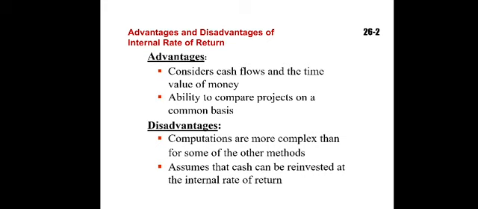Now, you have to know how to use these 2 methods. If I ask you to calculate the cash payback period for the purchase of one fixed asset, you have to know how to calculate it. And also, if I ask you to calculate the average rate of return for this purchase of a fixed asset, then you have to know how to calculate it. That is a must. And then you have to know the advantages and disadvantages of the average rate of return method and cash payback method.